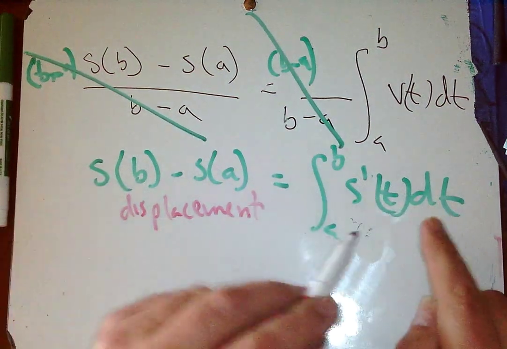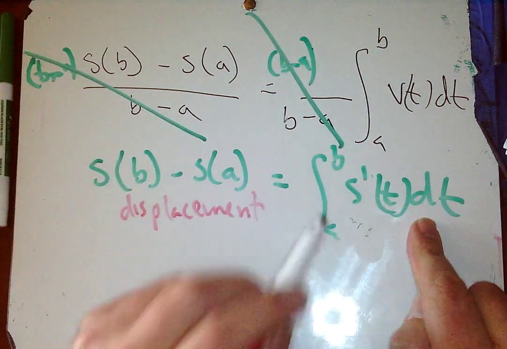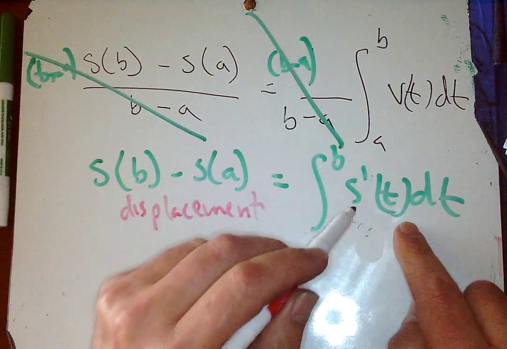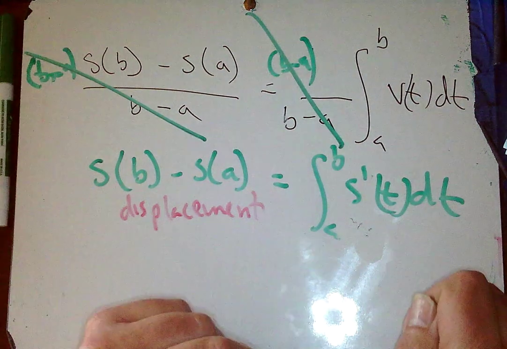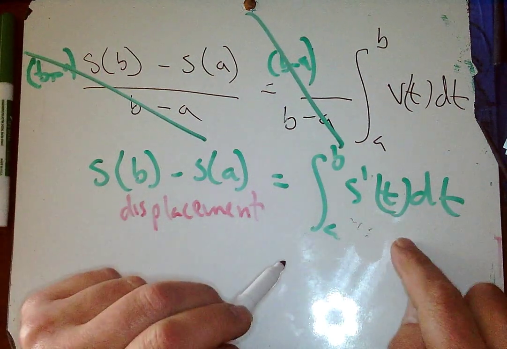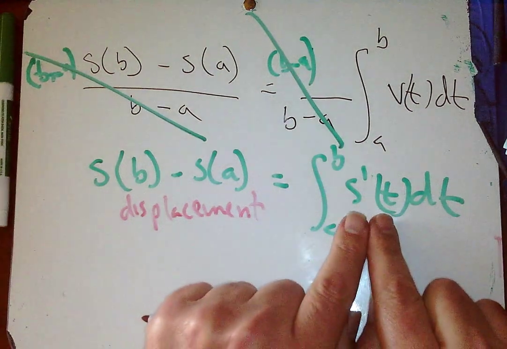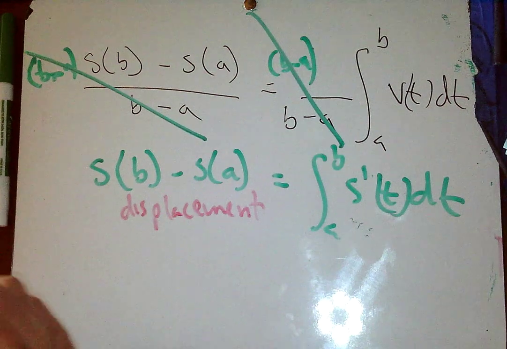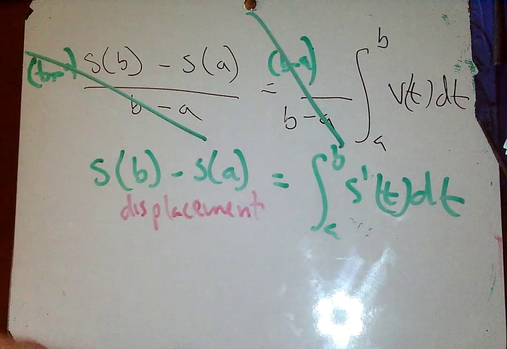That's our displacement. And over here, I'm talking about adding up the infinite number of heights under the velocity curve from A to B. So what I'm getting is, if I integrate velocity, I get displacement. In fact, you already knew that.